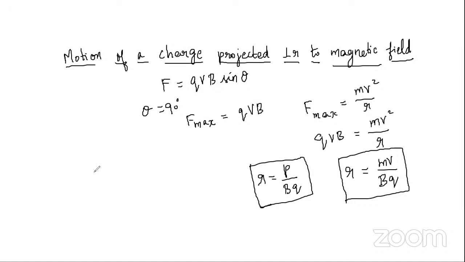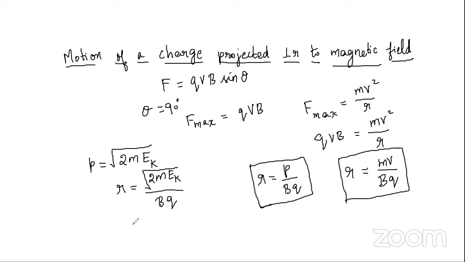The relation between momentum and kinetic energy is p equals root of 2m into kinetic energy, represented by Ek. So here r equals, instead of p, you can write square root of 2m into Ek, whole divided by Bq. And this is how you can calculate the radius of the circular path.